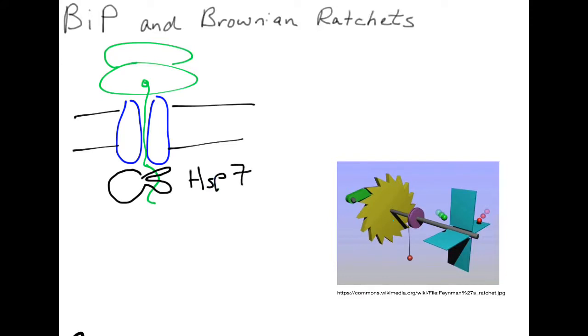And I mentioned that HSP70s is a term that describes a family of proteins. Most of them are just called HSP70 or sometimes HSC70 or some version of the same thing. But in the case of the ER, the HSP70 gets its own name, and it's referred to as BiP. So otherwise, it does exactly the same thing that HSP70s do.